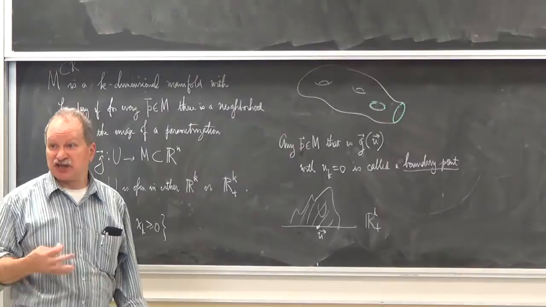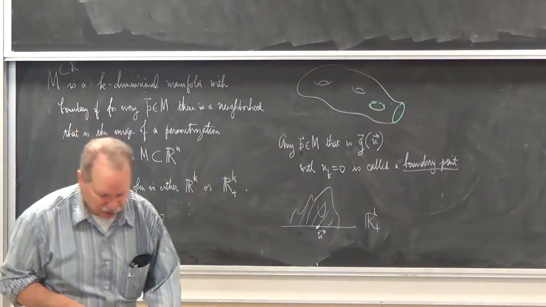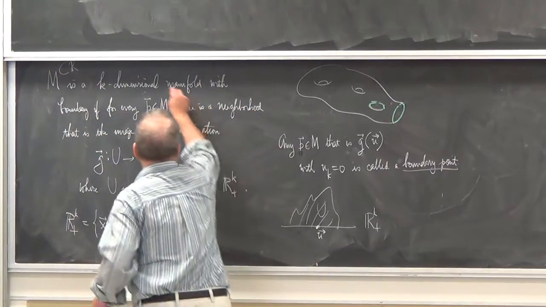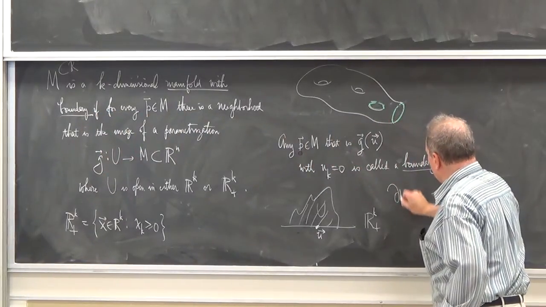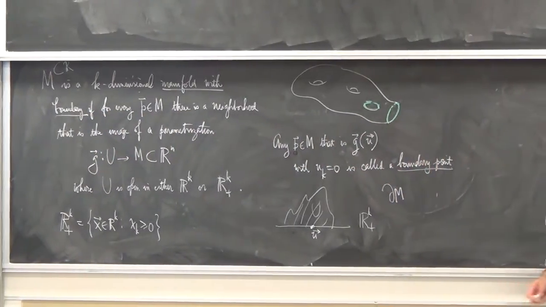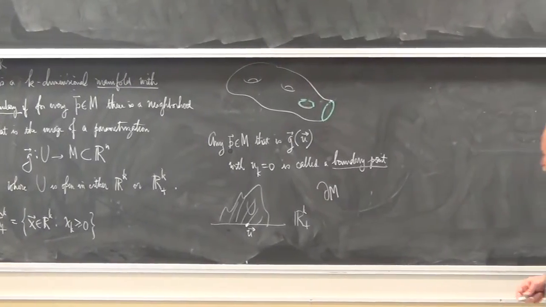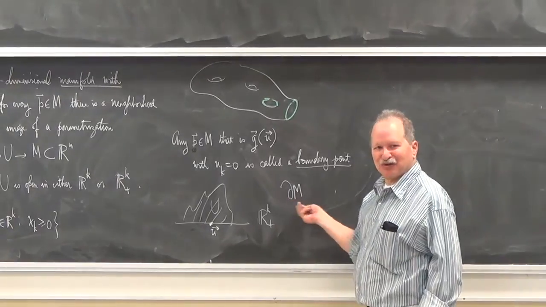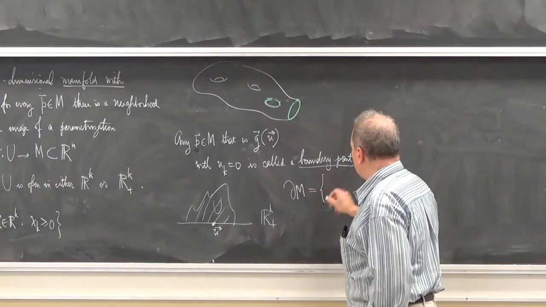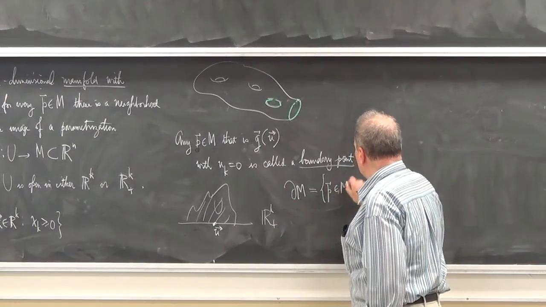So it's like the frontier, but it's called boundary. And the set of boundary points is written, for reasons that don't entirely make sense, partial M, that's read boundary M, is the set of all p that are boundary points.